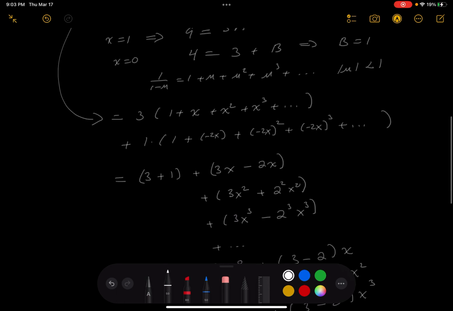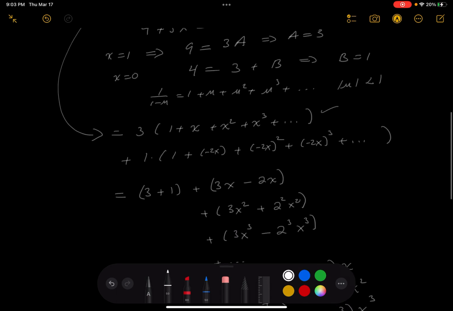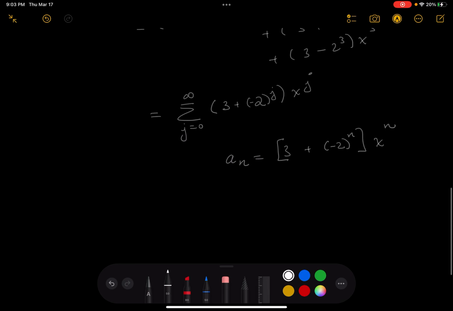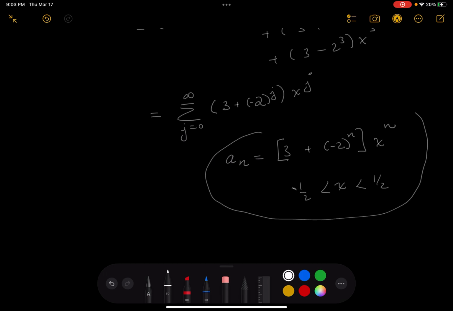What are the 2 problems I'm looking at? Well, I'm looking at this guy over here and this guy over here. So the x has to be this, and this has to be this over here. So what's that mean? The most restrictive one is this one over here: x has to be between 1/2 and minus 1/2. So this only works if x is between 1/2 and minus 1/2. All right? This is what they want me to come up with.